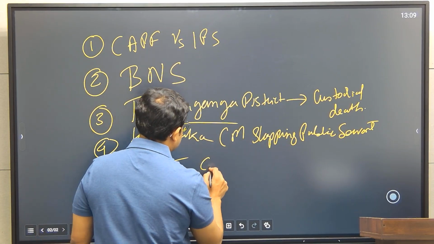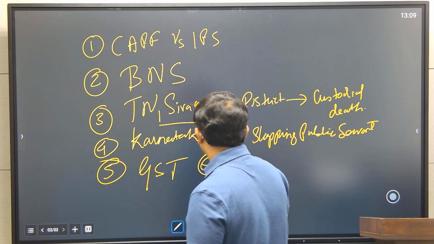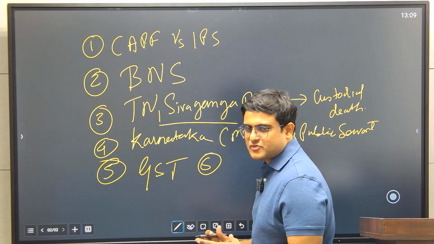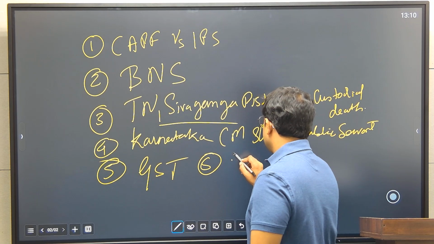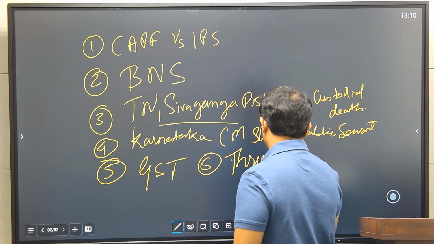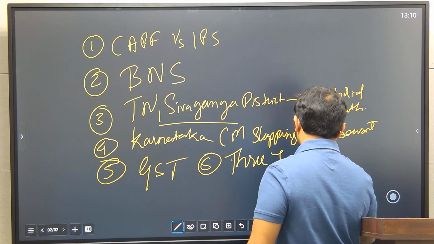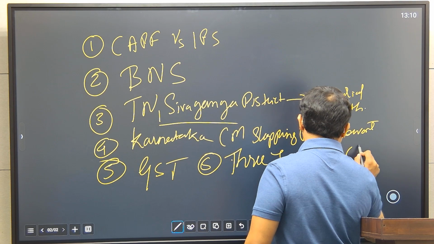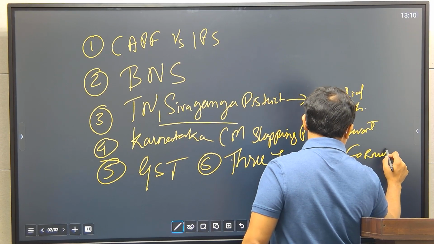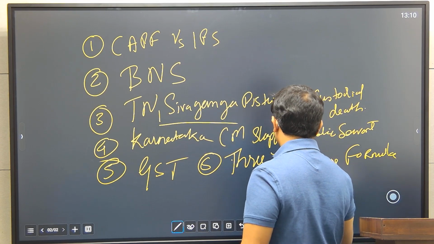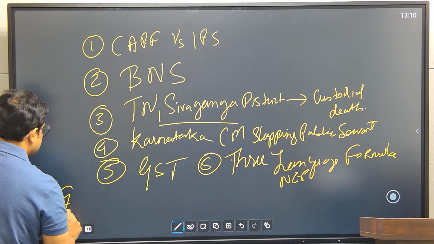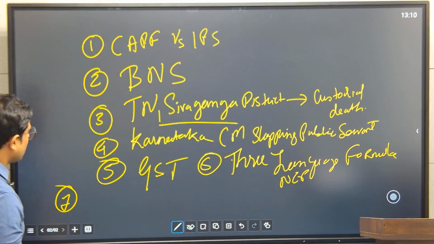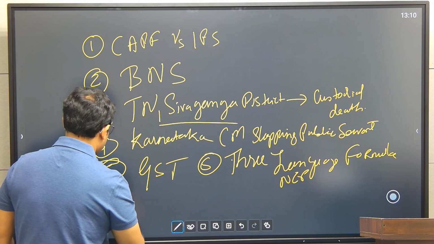Then we will discuss the 3-language formula. In a way, not discuss the 3-language formula, but try to open up the public administration dimensions. Or for that matter, the new education policy. And lastly, we will discuss the Telangana model of development.